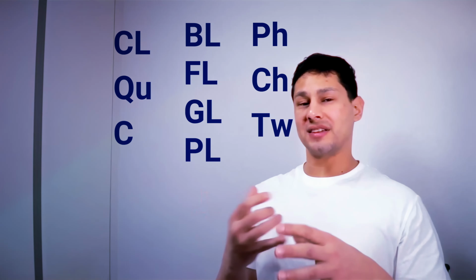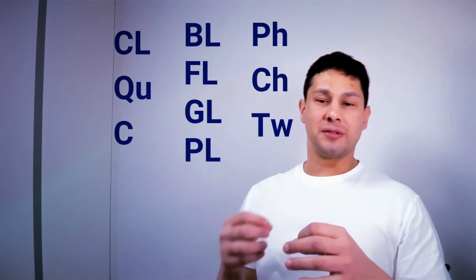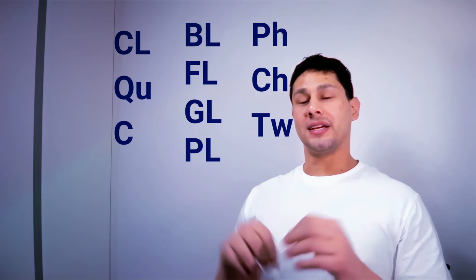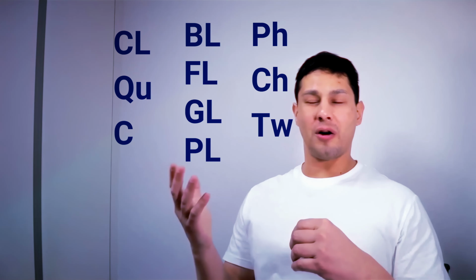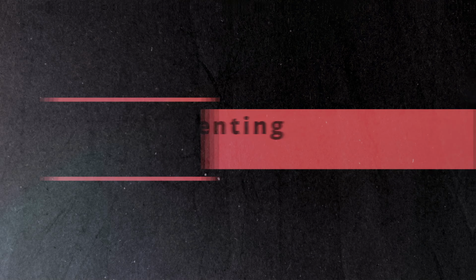And then the third class is going to be all the ones that I didn't get to cover. So that's going to be some of the L sounds like FL, the CH sound, the QU sound, and then it's going to cover the C, because C has 2 sounds: the hard K sound, and also the S sound. This keeps things structured so that it really doesn't overwhelm them.